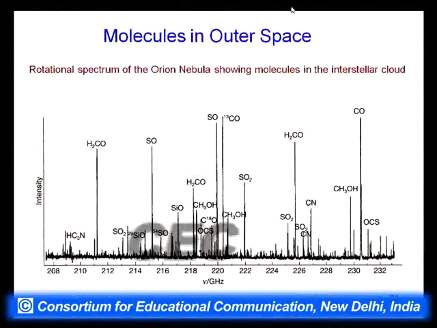And molecules like oxygen, hydrogen, nitrogen, acetylene must be present there, but the reason we are not able to detect them is that they have no dipole moment, so they are not microwave active. And this is one such spectrum that we have obtained from interstellar molecules from the Orion Nebula, and you find that a number of molecules have been detected.